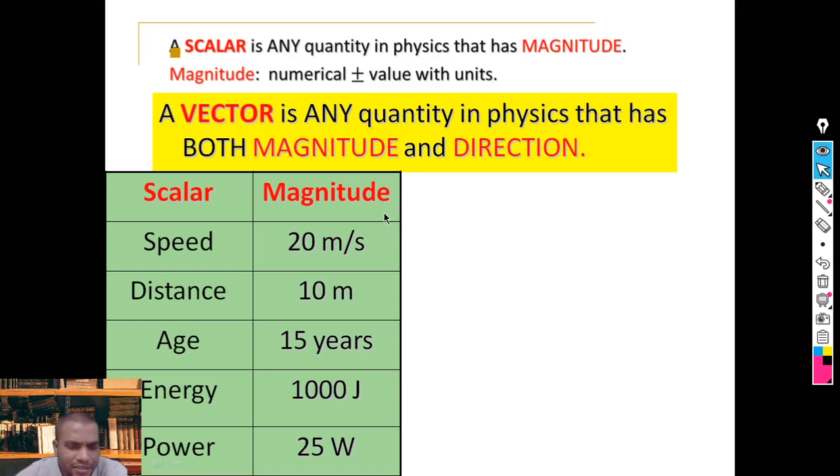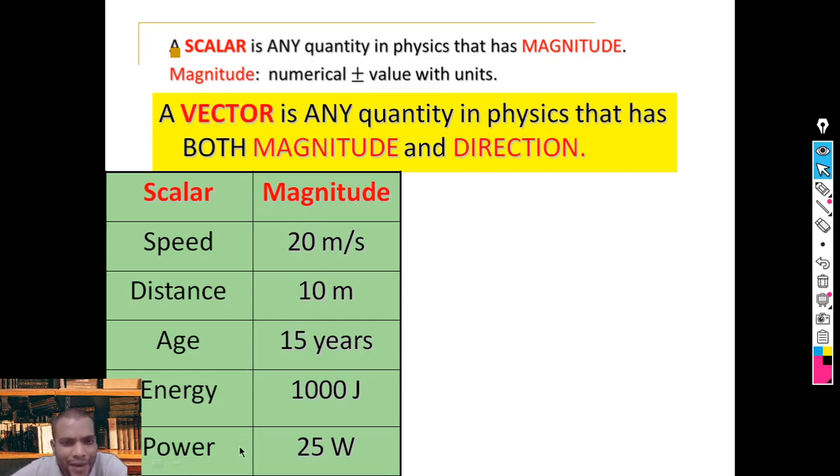Some scalars: speed is a scalar, distance is also a scalar, and your age, and how much energy you are spending, that energy is also a scalar, and power is also a scalar. These are some of the scalars which require only magnitude to specify.